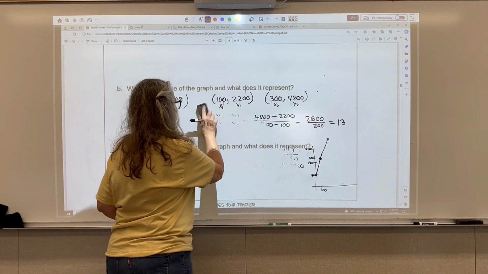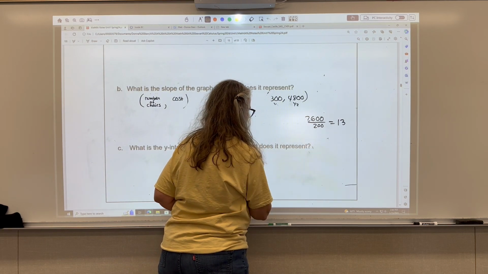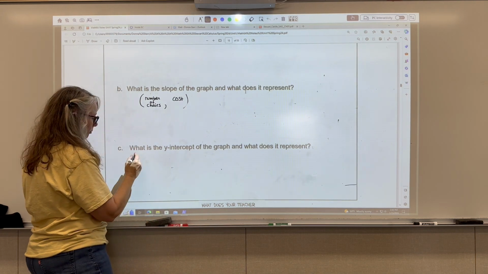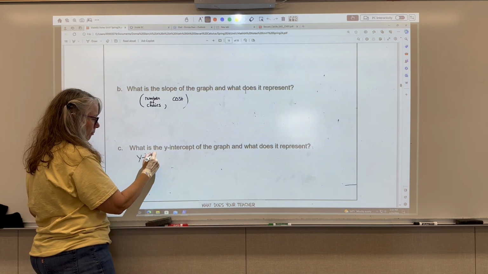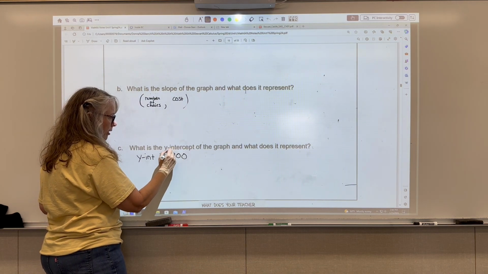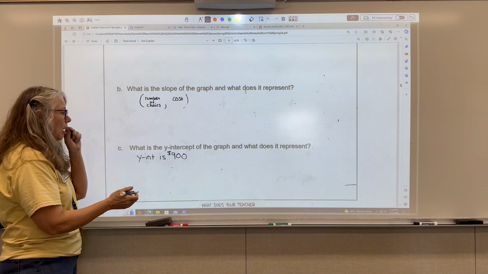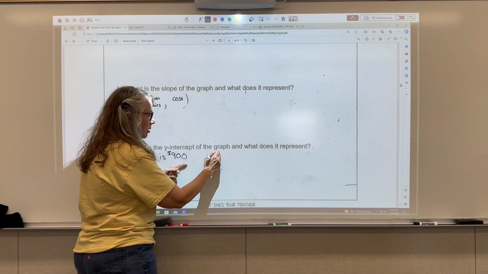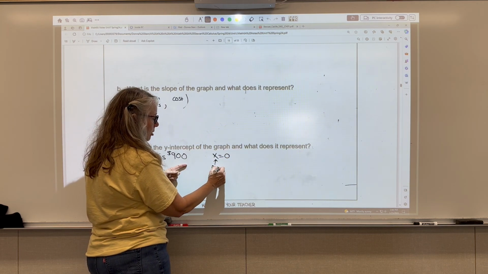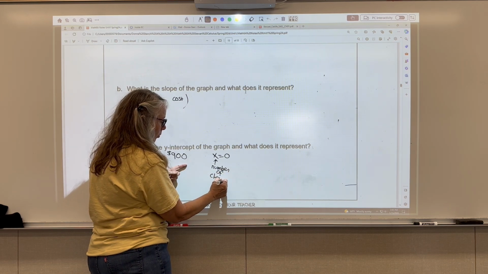So the y-intercept is 900, and just so you remember, that's where our x equaled 0. x, remember, was the number of chairs, right?